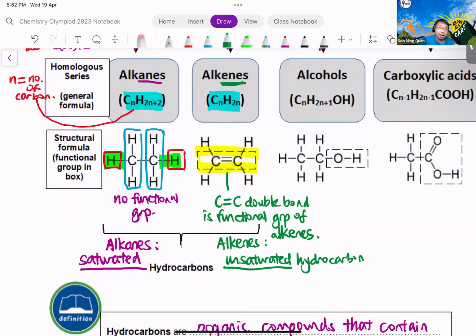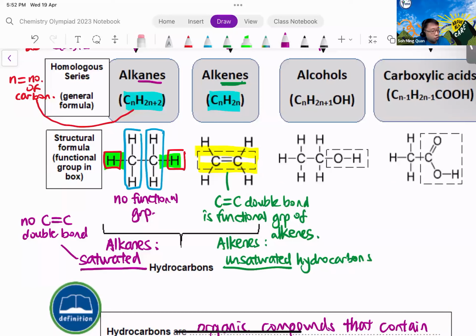You might have heard of these words before, saturated, unsaturated, especially if you go to the supermarket to buy food. You will see that some food is high in saturated fats. So what does saturated mean? Saturated means there is no carbon-carbon double bond. That means in the entire molecule, there is not a single carbon-carbon double bond.